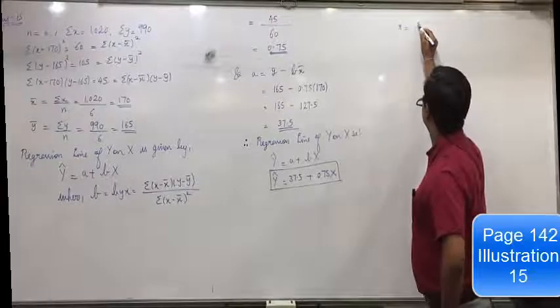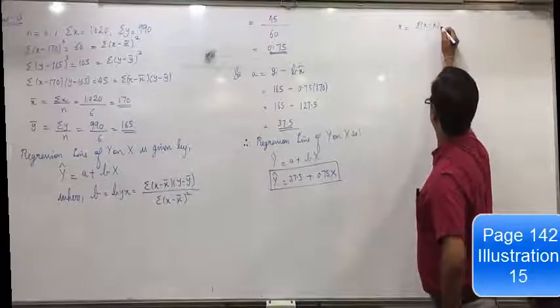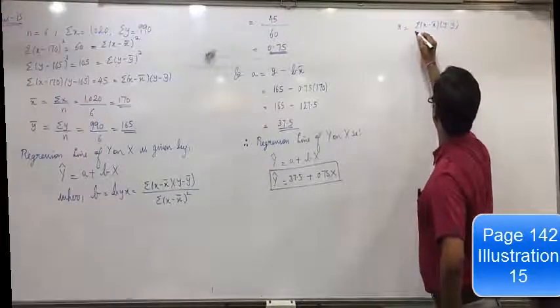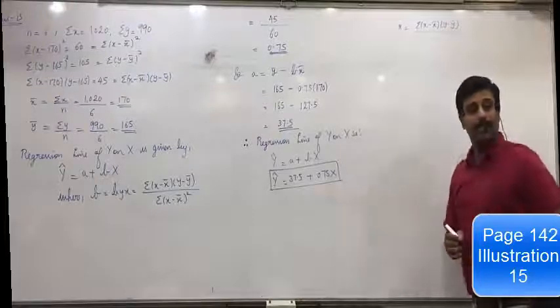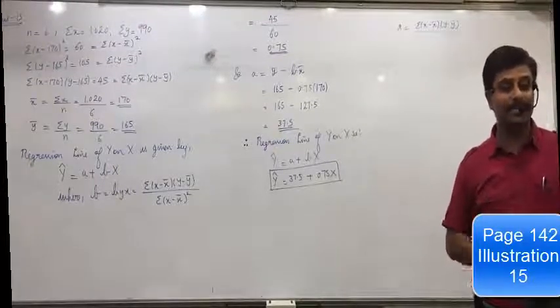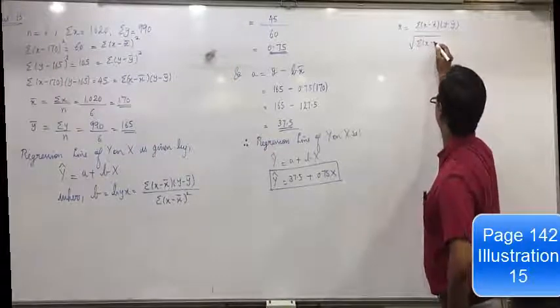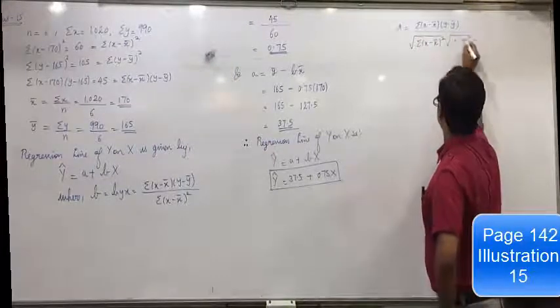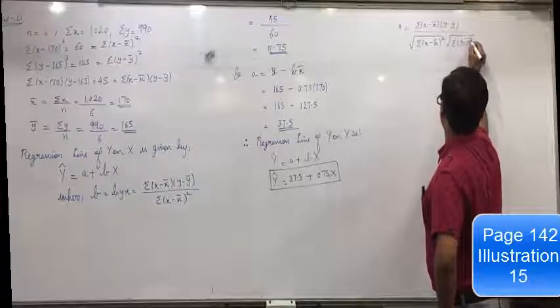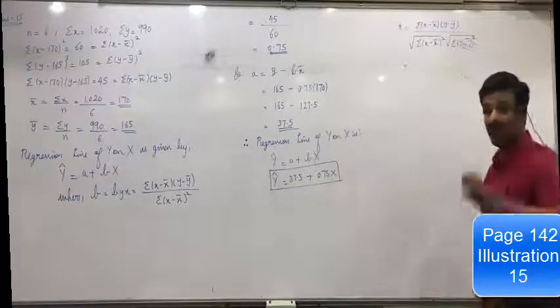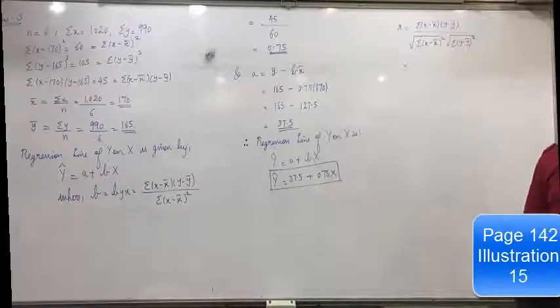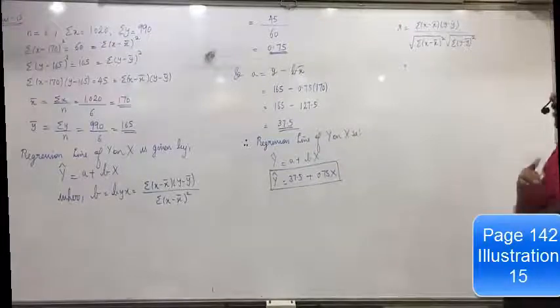Sigma x minus x bar into y minus y bar divided by under root sigma x minus x bar square under root sigma y minus y bar square. Correct. Is everyone clear with this? So this formula we will apply to find the value of R. Will you write it down? Renuka, further?